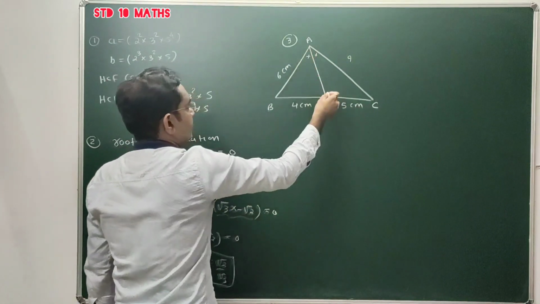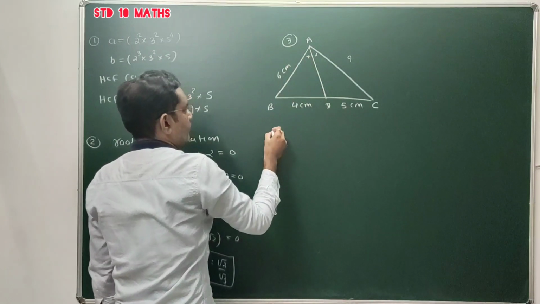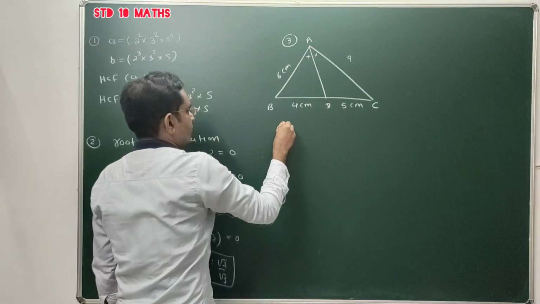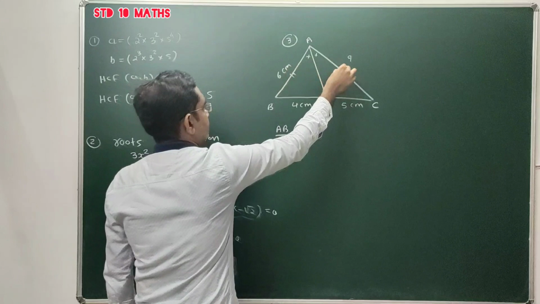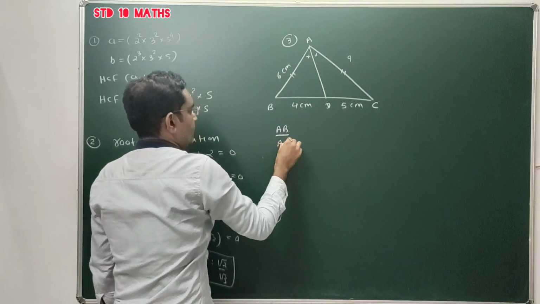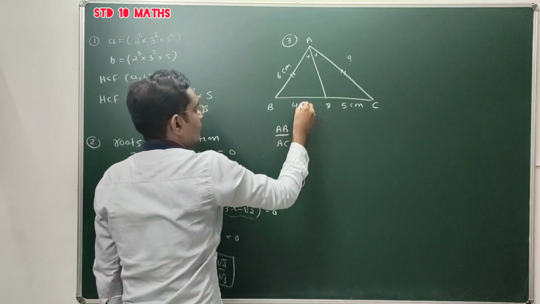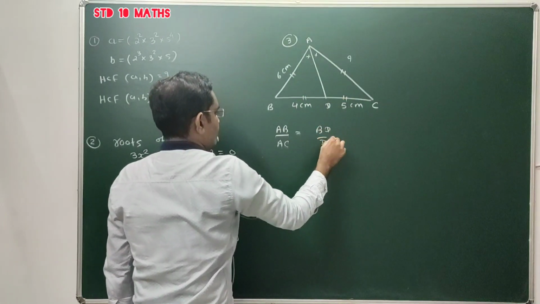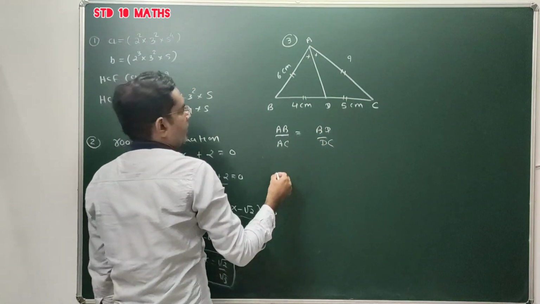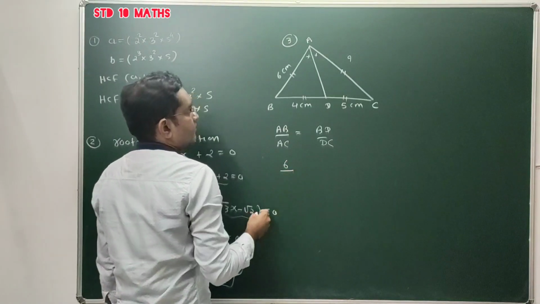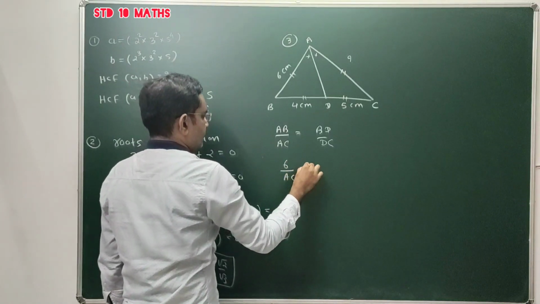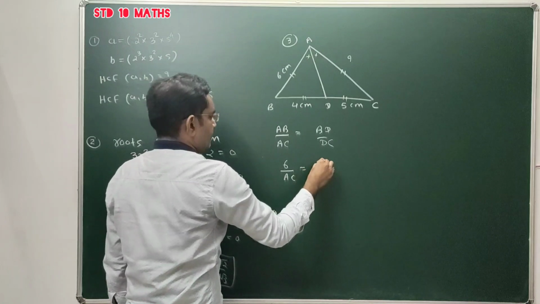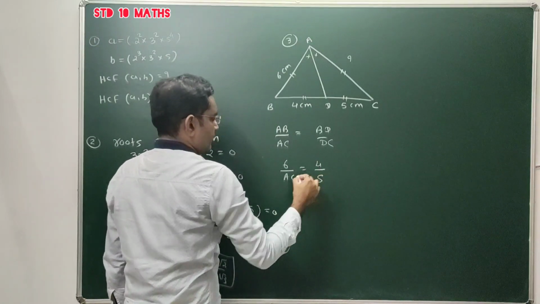Done? So if AD is the internal bisector of this angle A, we know that we can write AB upon AC is proportional to BD upon DC. This we know. So AB is 6, AC we have to find, BD is 4 and DC is 5.